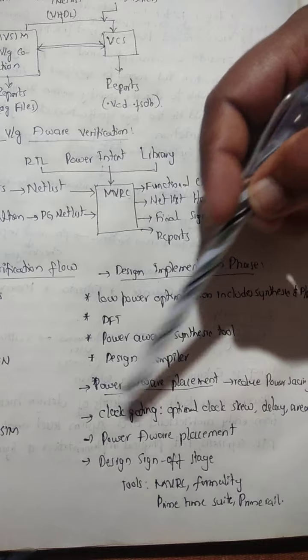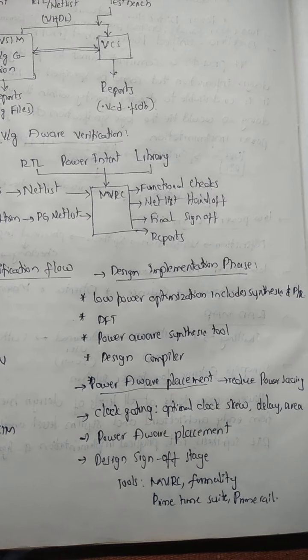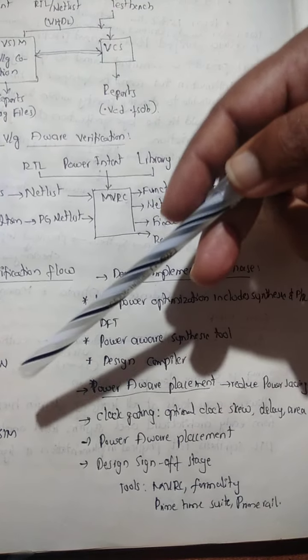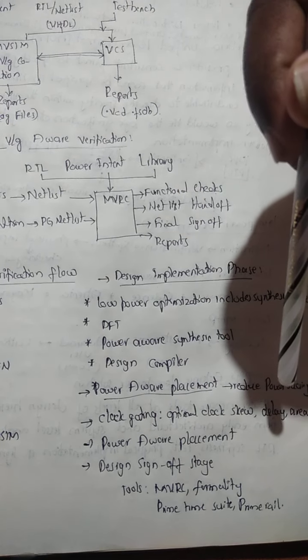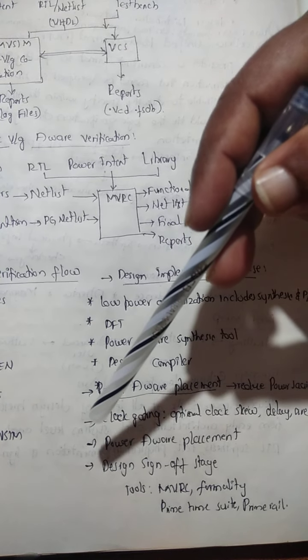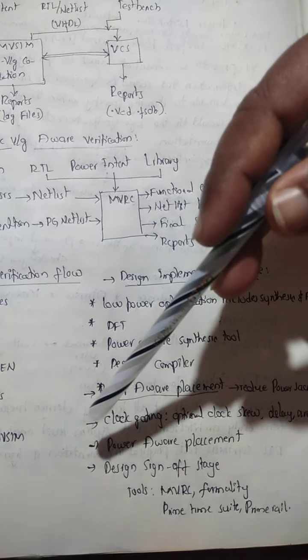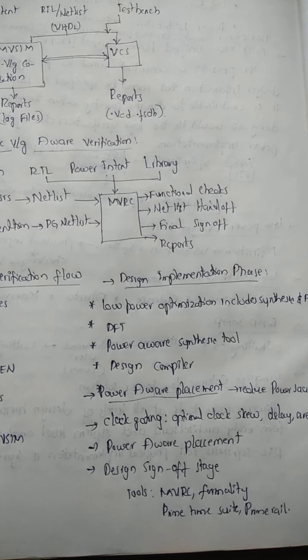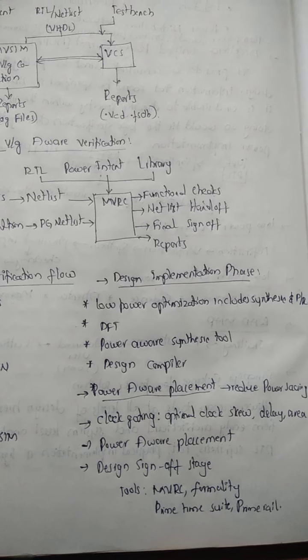Next, coming to the clock gating. We can place the clock gate either at the root level or at the register level. If we keep it at the root level, low power is automatically optimized. If we keep it at the register side, the clock skew is automatically optimized.